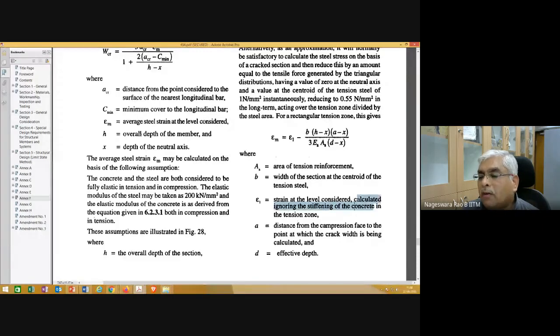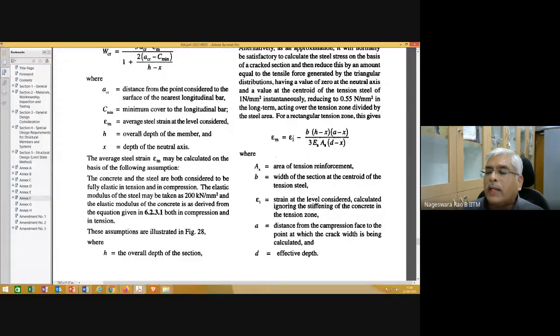But we have to take that into consideration, and then apply appropriate correction, and that is what this epsilon m is. Epsilon m is the average steel strain at the level considered.